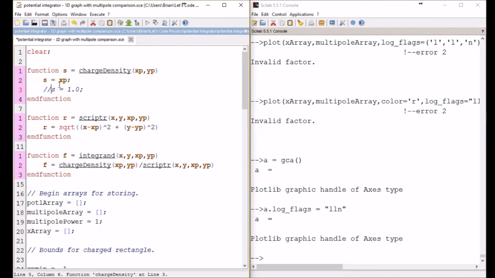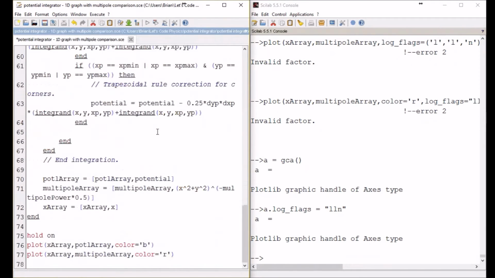So this is where our charge density varies linearly with the x prime position, going from negative 1 all the way up to 1. What that means is that it won't have a monopole term. So if I graph it versus the monopole graph, then I won't be able to get a match.